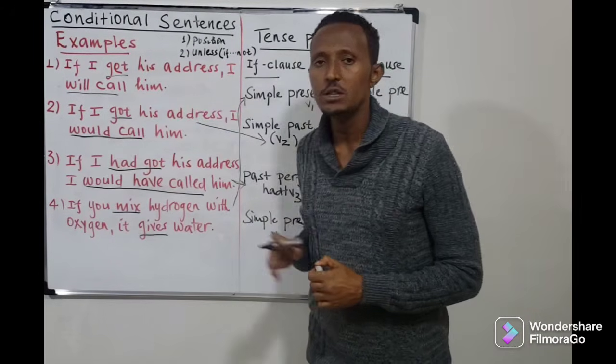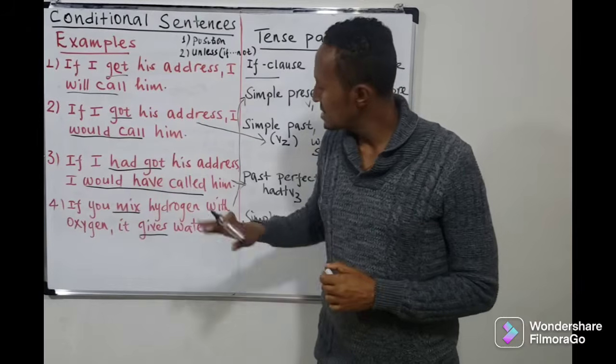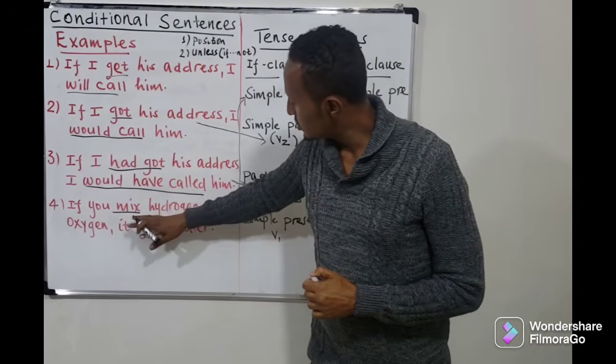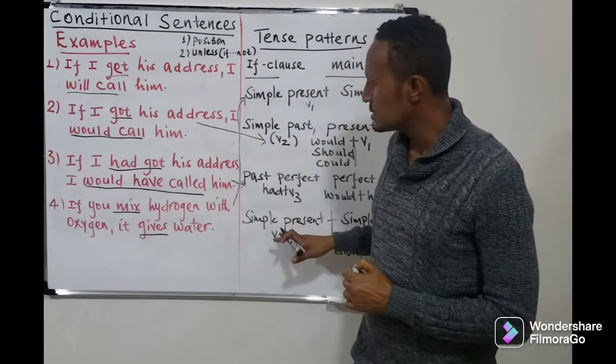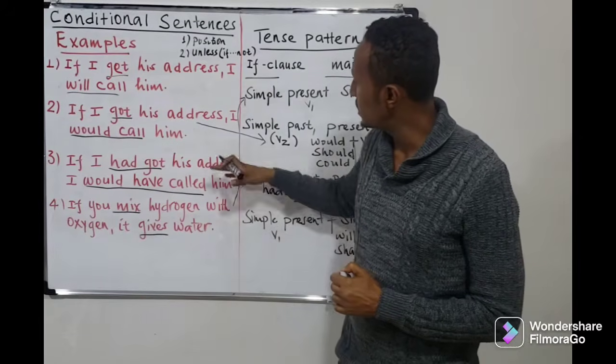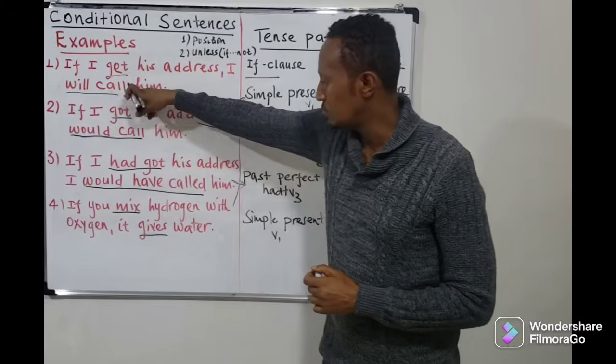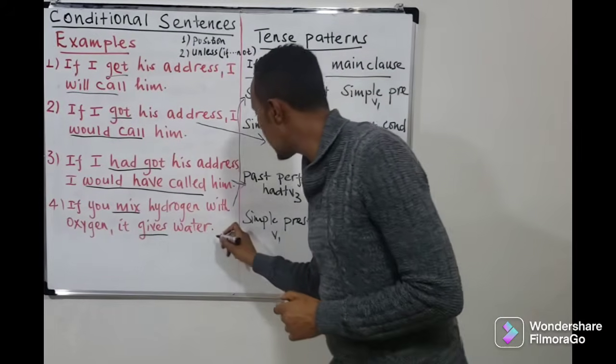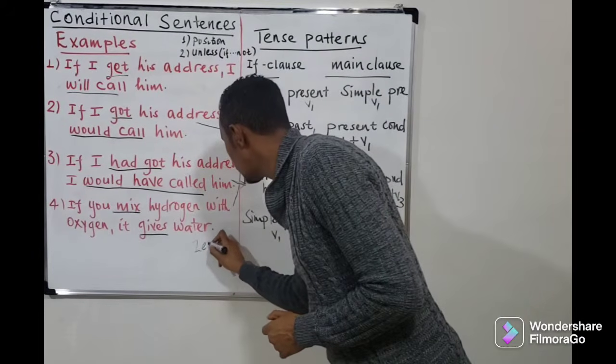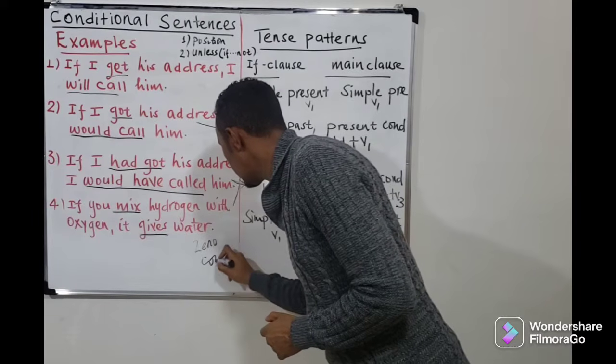Okay, let me give you two sentences based on the discussion we have made and change them into three conditional sentence types. Since this refers to general truths, as I said, we will not look at it with those examples that I'm going to give you now. This kind, by the way, is said to be zero condition.